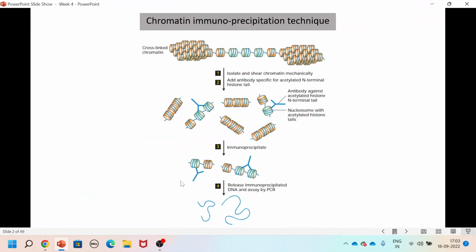Firstly, I would like to start. I think many of you have doubts on the chromatin immunoprecipitation technique, so I would like to take up this technique first. What does chromatin immunoprecipitation mean? As the name suggests, this technique focuses on chromatin and utilizes immuno, that is antibodies, for the precipitation of chromatin, which is in condensed or uncondensed form, depending on what form it is present in.